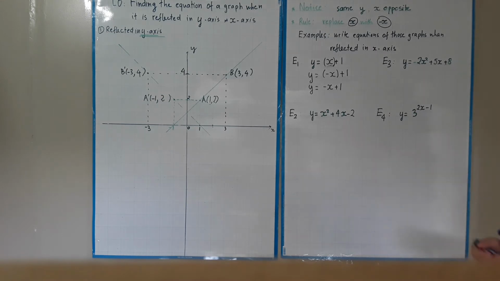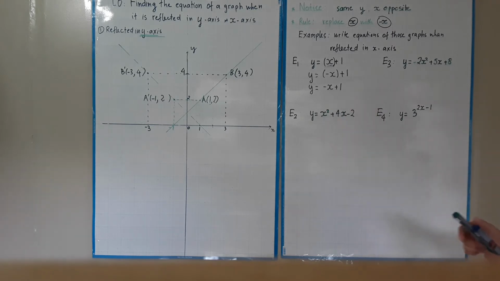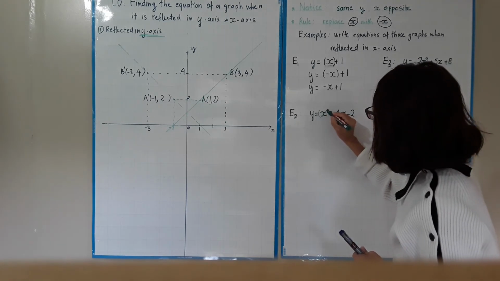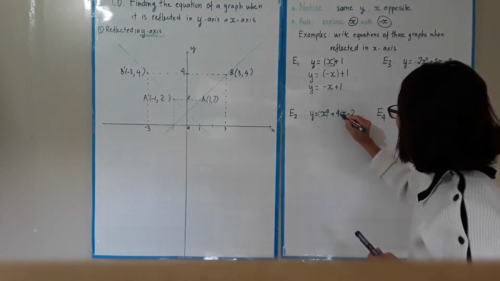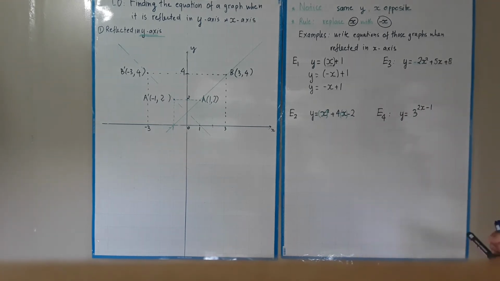Now look at example 2. Why do I bring up the quadratic equation? Because it's an important part of the standard. And you remember x has to be replaced with -x. And again, put the x in brackets. So you can think that way, and you never make mistakes.